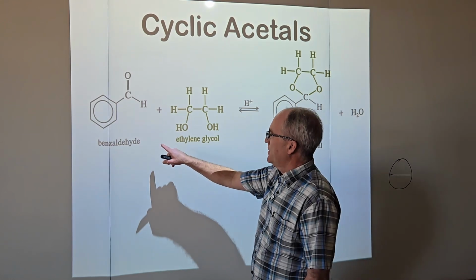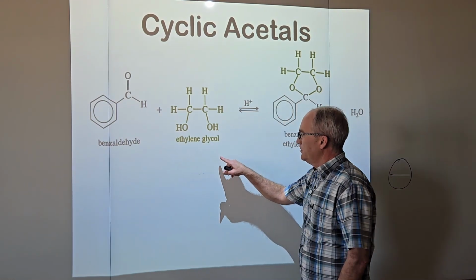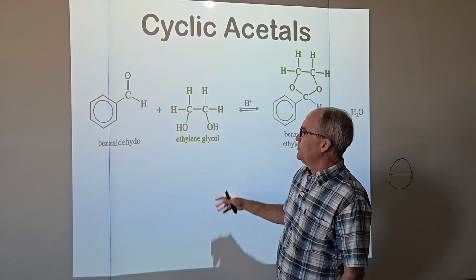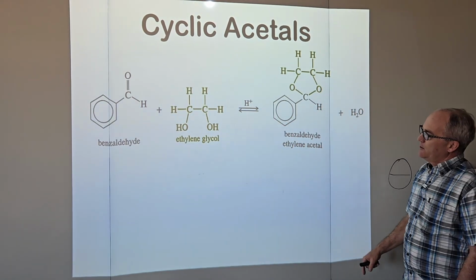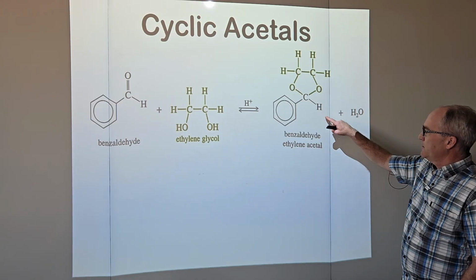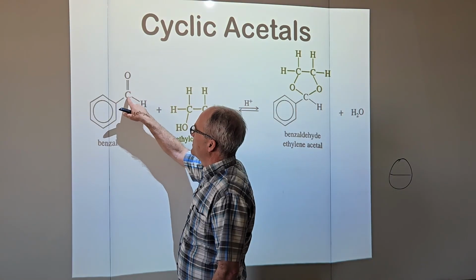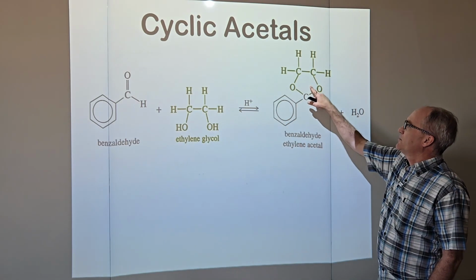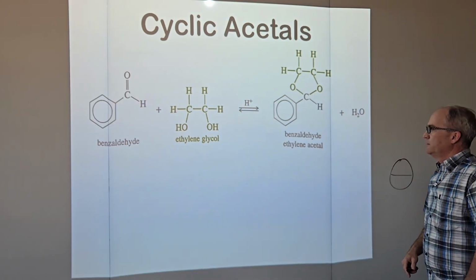So here's benzaldehyde, here's ethylene glycol. Notice it's like methanol there and methanol there, 2 methanols stuck together. And so look at this interesting acetal. Here's our carbonyl carbon. Think putting 2 alcohols on there. There we stuck our 2 alcohols on there.